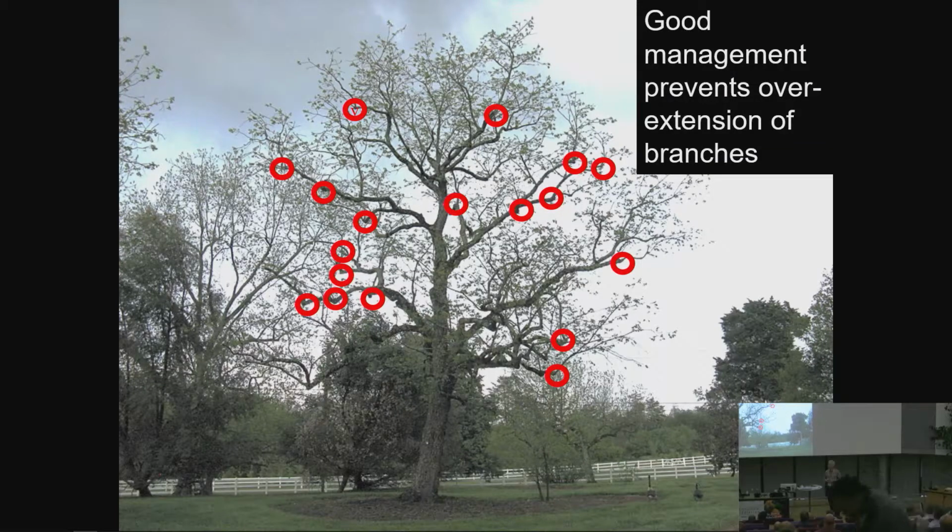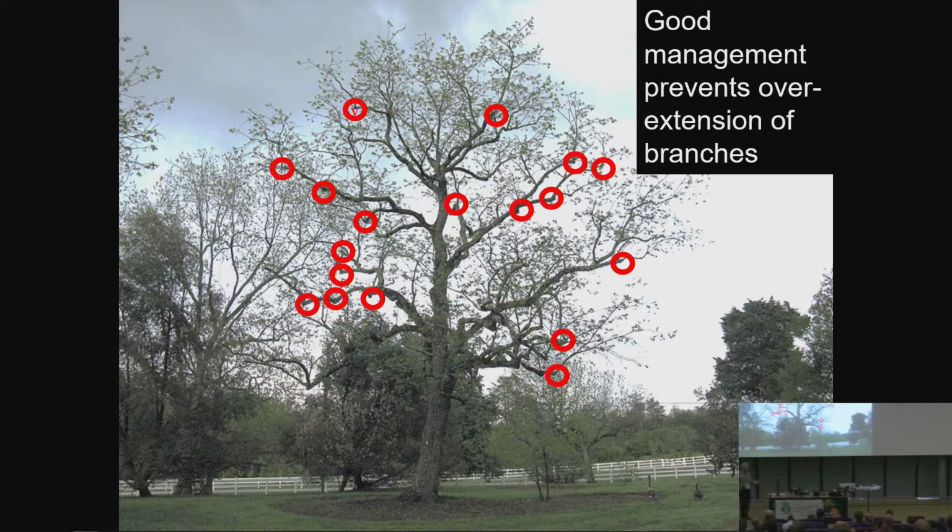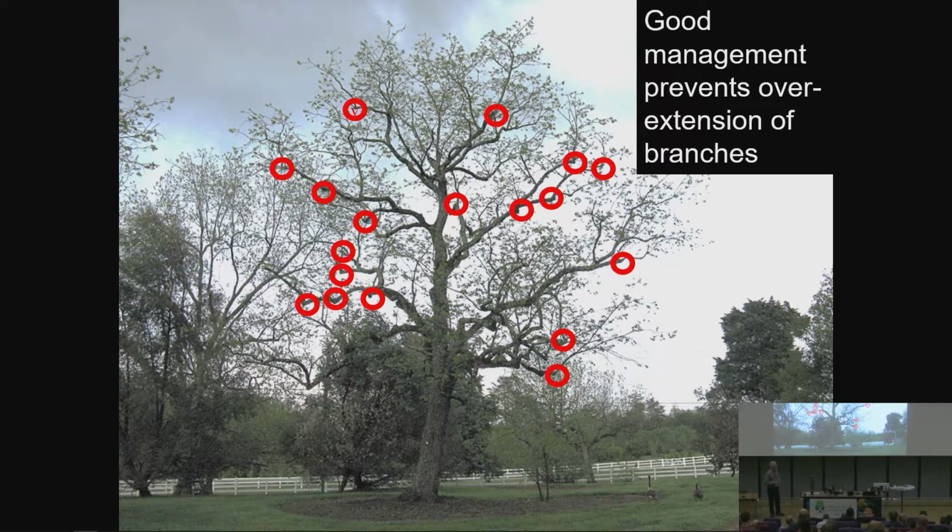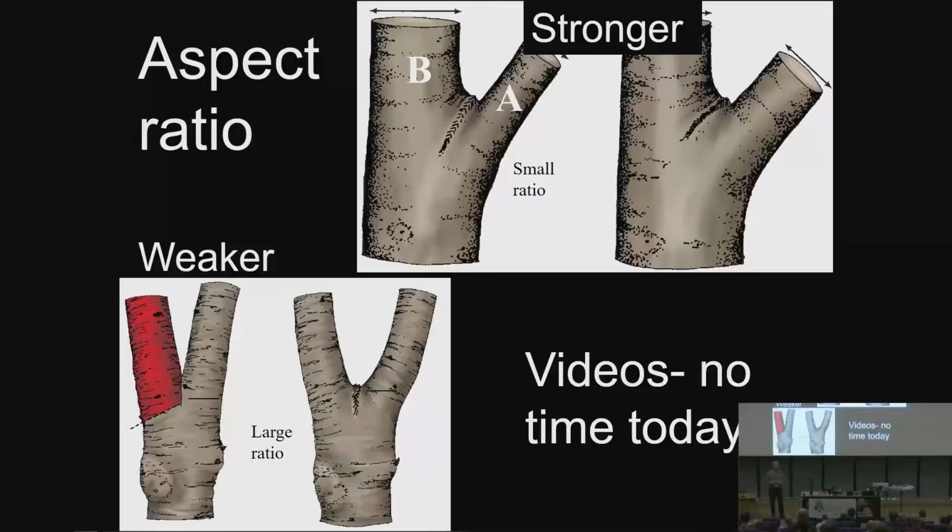This would be a good example of a well-managed tree where one of the objectives, at least in some landscapes, if not many, is to keep branches, especially those that are going to grow into something like a traffic light, a building, etc., and may have to be removed later. Keep them small by not allowing them to grow long.